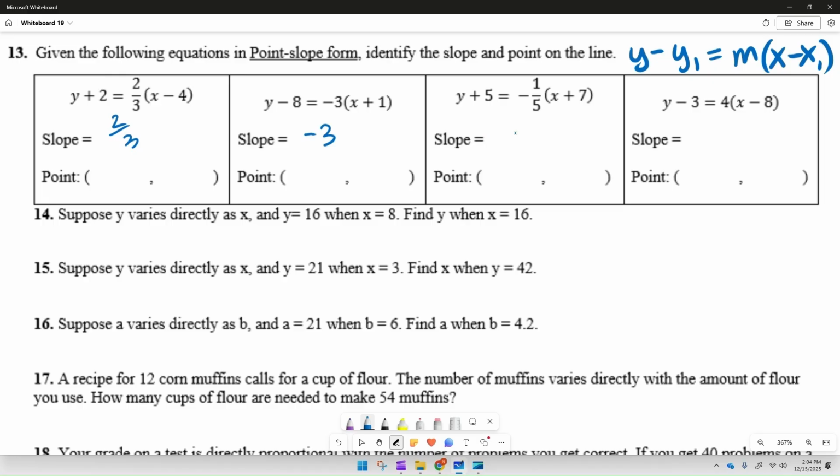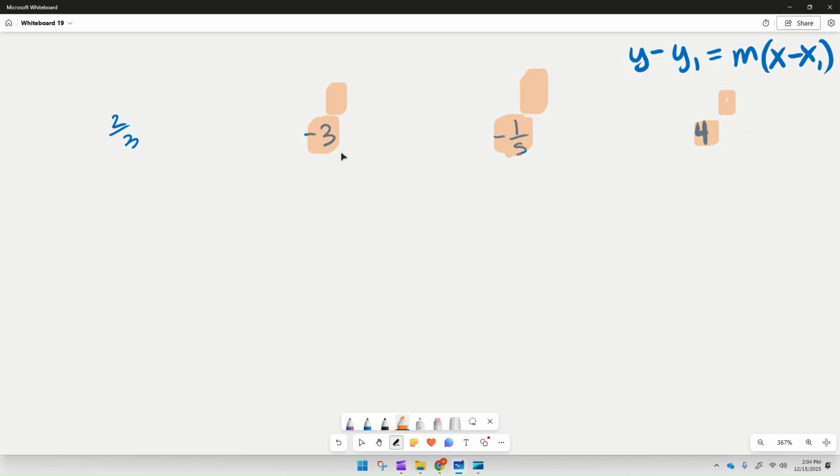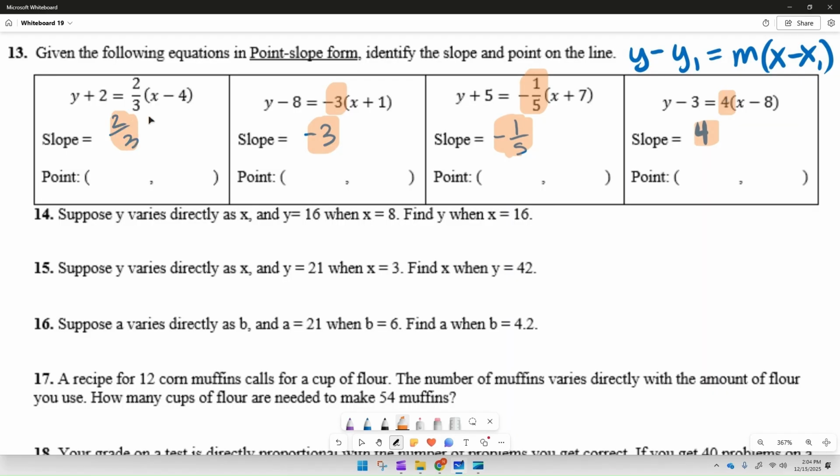We don't change anything. And again, our slope is not negative. Our slope is going to be next to the x. Okay, that's right here in front of the parentheses, in front of x.